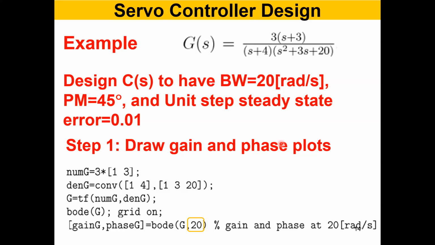Right? So I'll give you 5 minutes to get a head start. Okay, look at the transfer function, write a little code or manually calculate the bandwidth and check whether it is the required value 20 radians per second. If not, how to increase that.